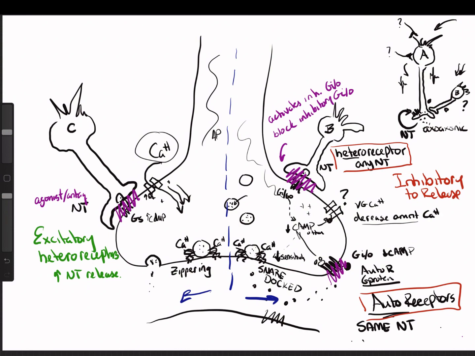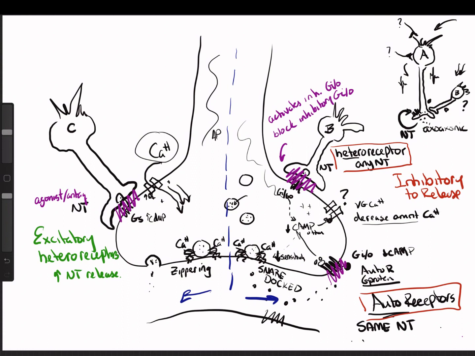So we're going to see that we have drugs that we're going to use either to decrease or increase neurotransmitter release at particular terminals. One thing that's really important to remember is we'll talk about examples where serotonin receptors influence dopamine release.